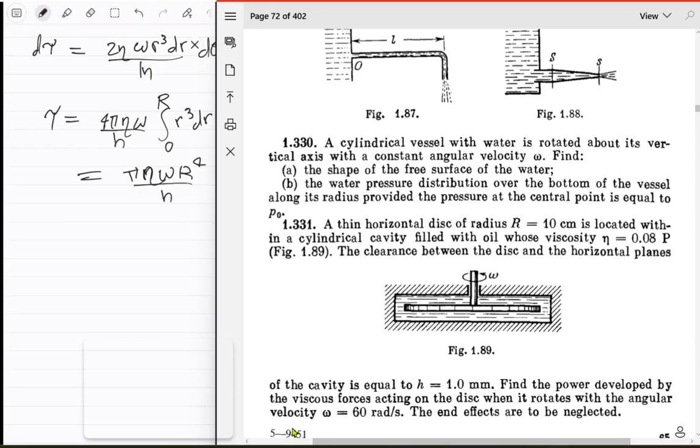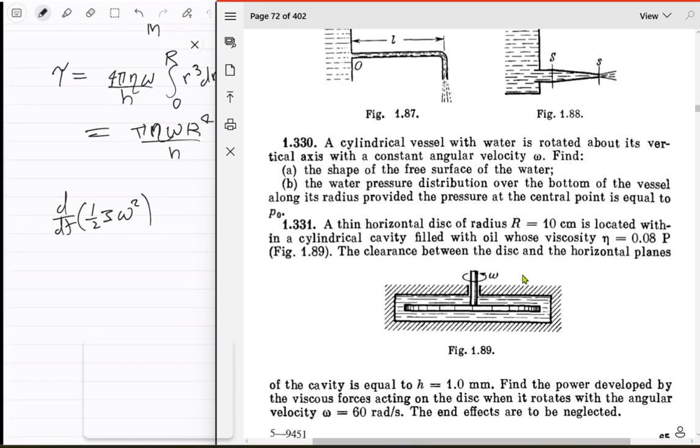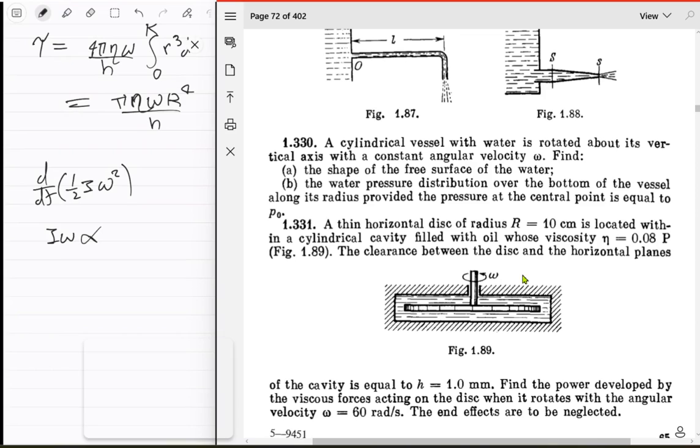You want the power developed by the viscous forces acting on the disk when it rotates with this angular velocity. So the power developed is d upon dt of half I omega squared. Isn't that the thing? That's the power developed because of changing kinetic energy. This will be I omega and then alpha. I alpha is just the tau, so it's tau omega.